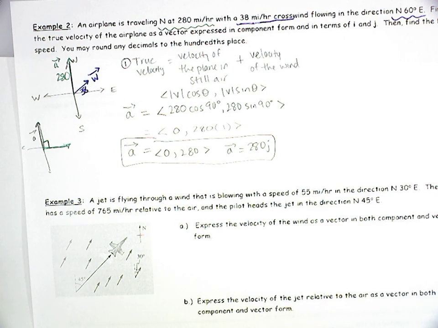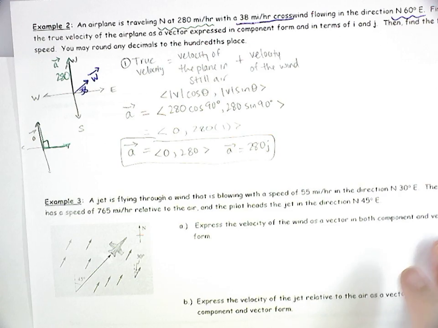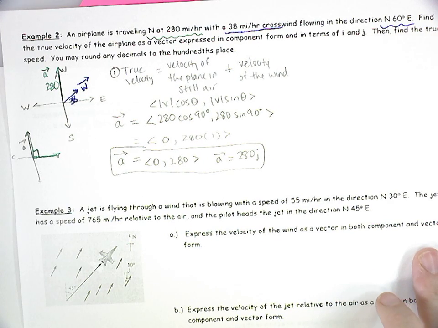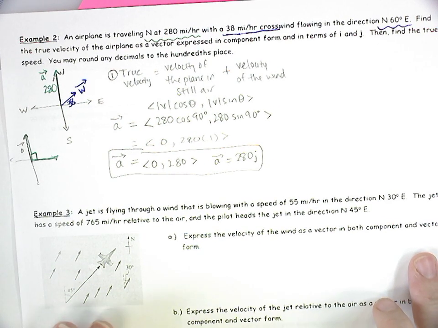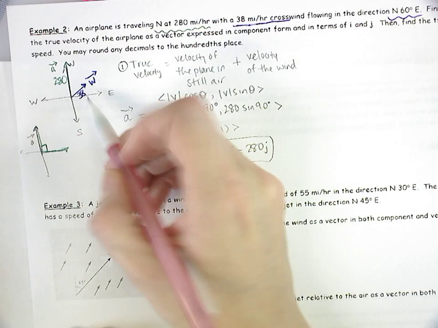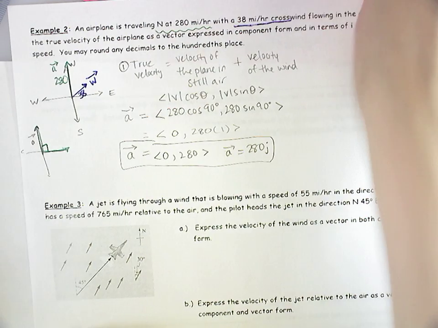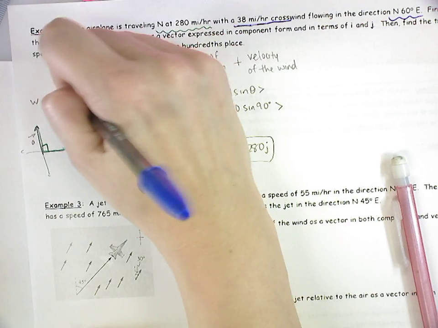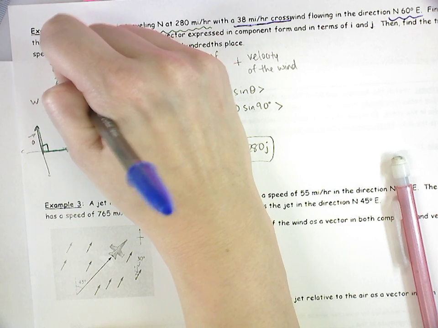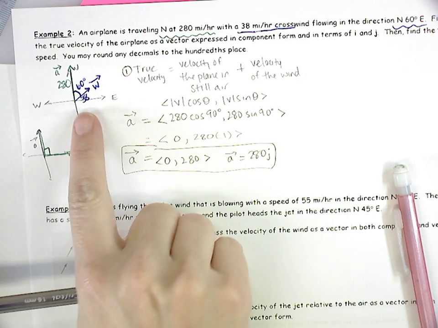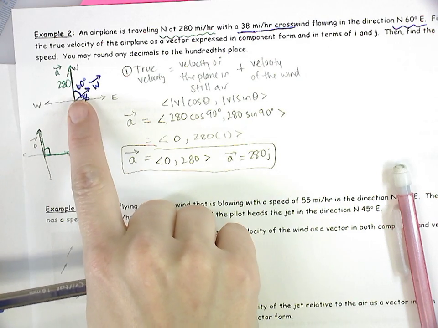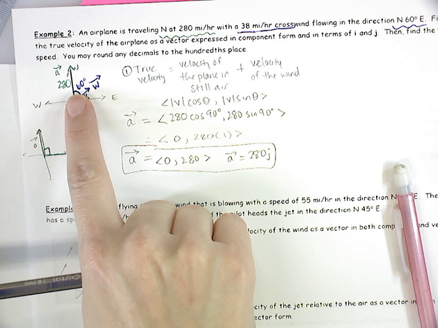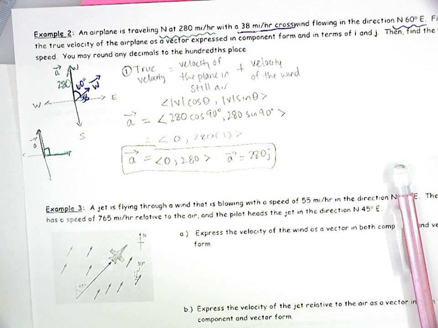Now I'm going to do the same thing for the wind. For the wind, I found this from going 60 degrees, which it said north 60 degrees east. So my theta value, Sydney, do you think you know what your theta value is going to be for this?